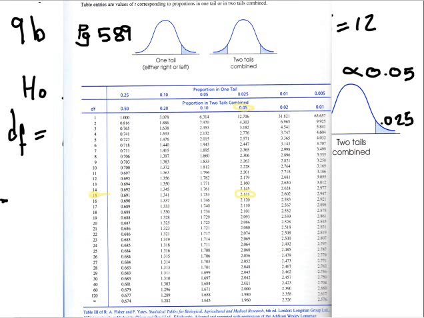We come over here to the two-tailed test with 0.05, and so between 30 and 40, we can see that between 2.04 and 2.03, we should call that a 2.03.